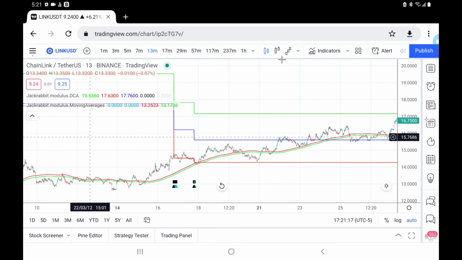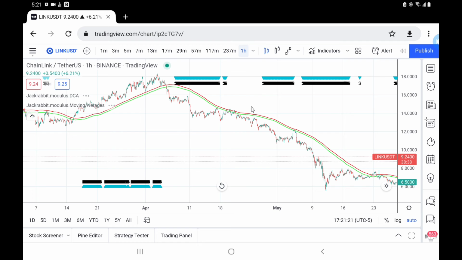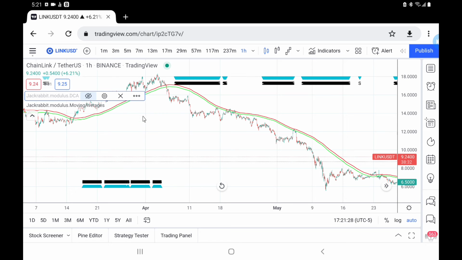Now let's go into the 1 hour. So here we see the bigger, let's look at the bigger market. All of this downtrend. You can see pricing just literally dropping. $18 down to $6.